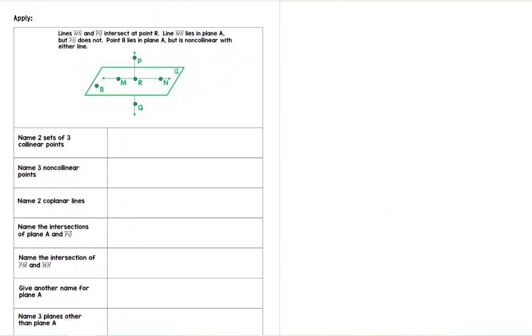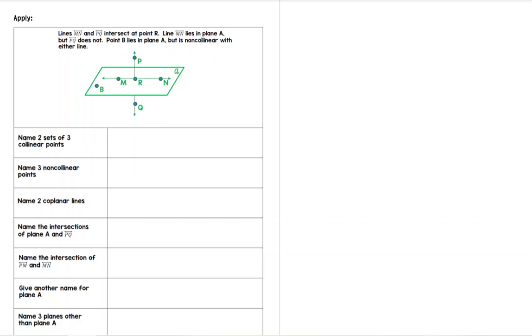We have two lines here, line MN and PQ, that are intersecting at point R. Line MN lies in plane A, so you can see that that's plane A, but line PQ does not. Point B lies in plane A, but it is non-collinear with either line. So we have to name two sets of three non-collinear points.